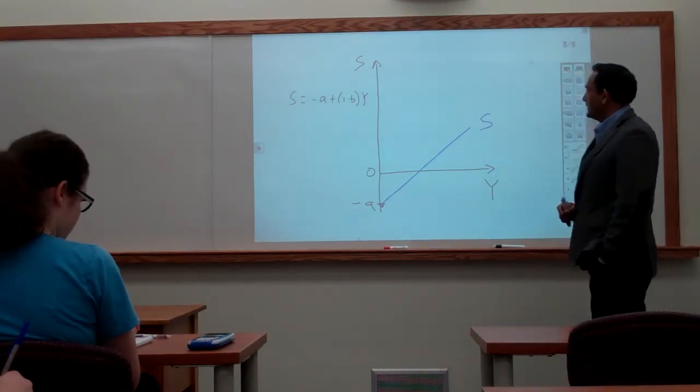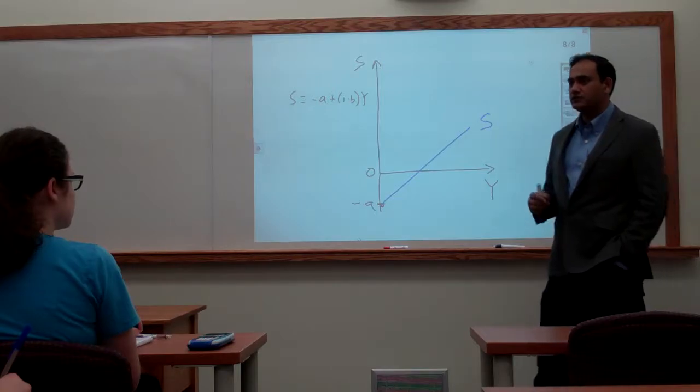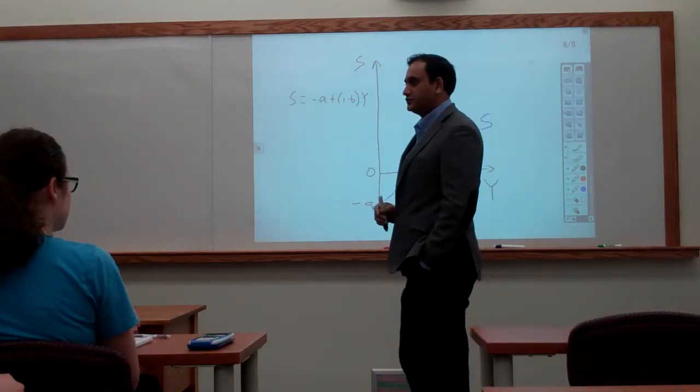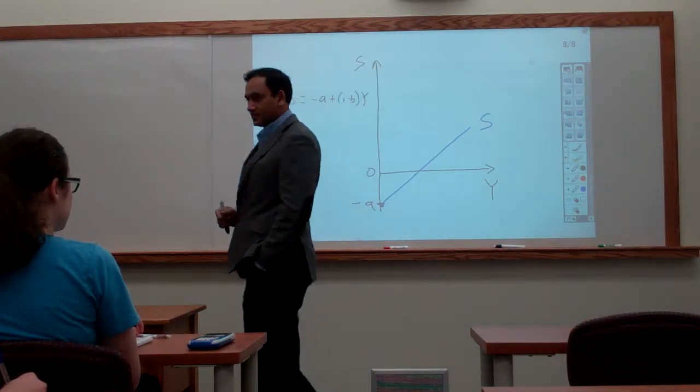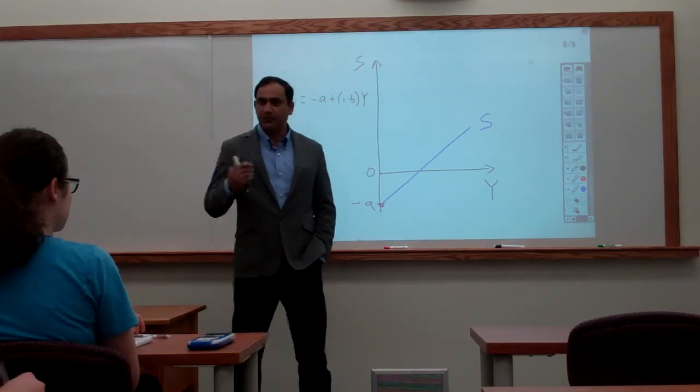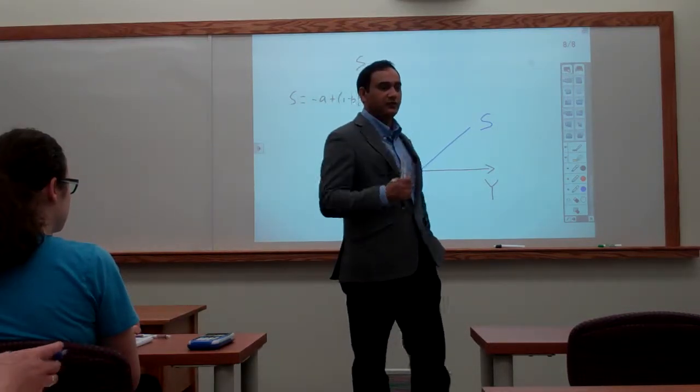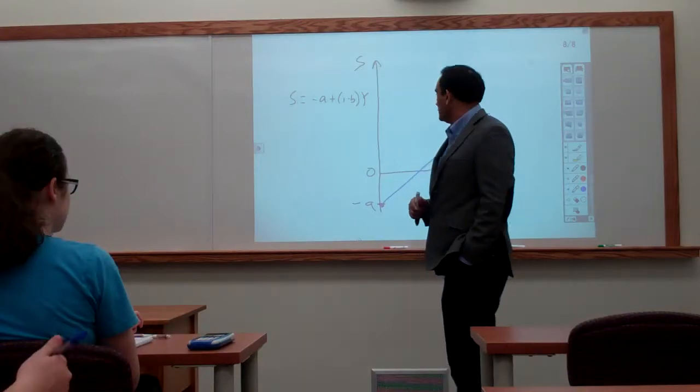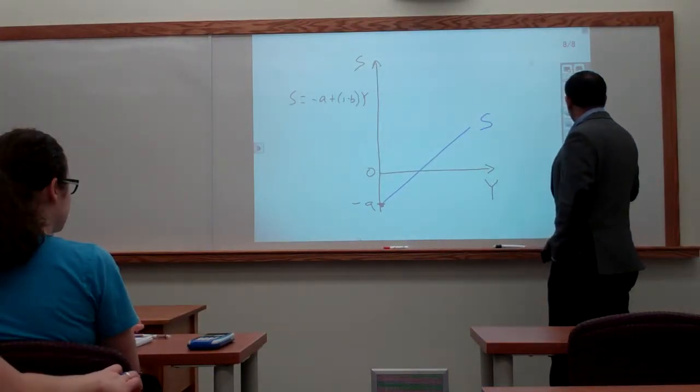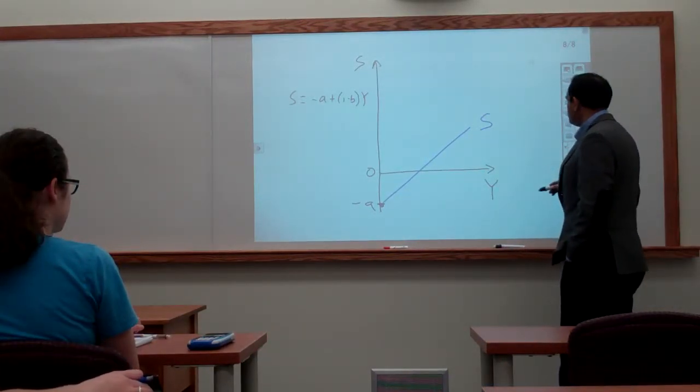All right, so next let's use a numerical example to look at the savings function and consumption function using some simple numbers, and then we'll plot it again. Unless you have some questions for me right now.